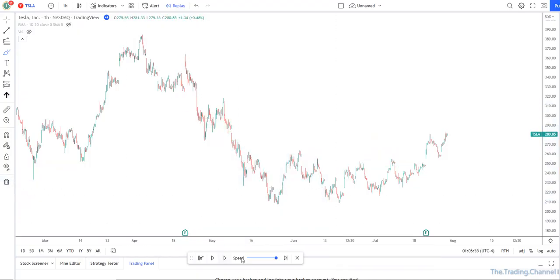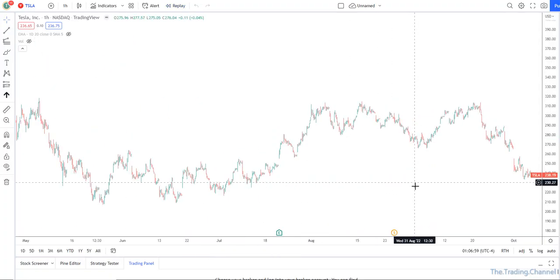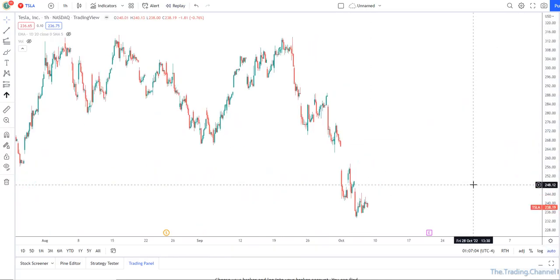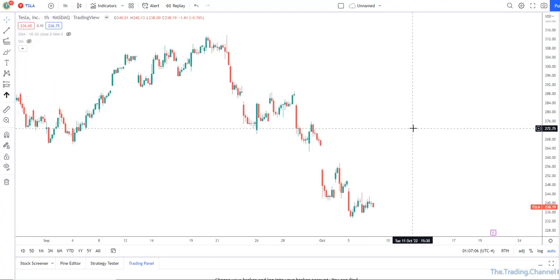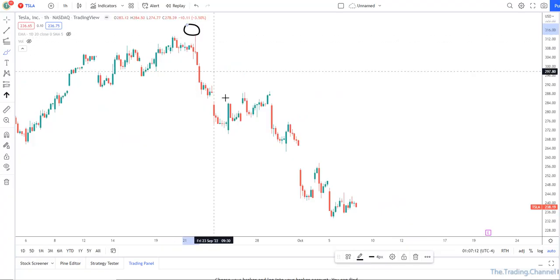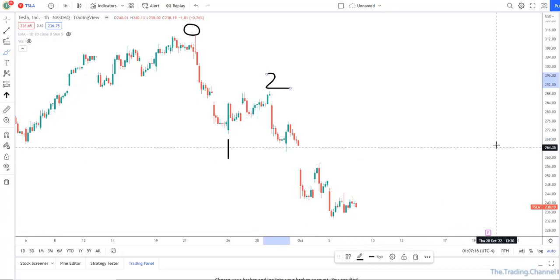If you want to see why I said that, as of now, if you ask me, Tesla today is actually only on a 0, 1, 2. This is called 0. We started dropping from here on 21st September. This is called your 1 and this is called your 2. We are now in wave 3, right?